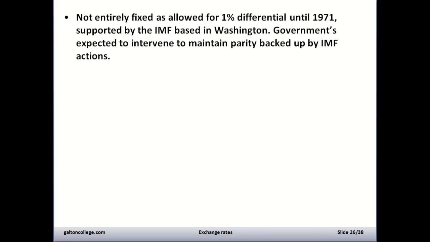If countries could not keep to their arrangement, they could go to the International Monetary Fund, the IMF, and borrow money. But of course the IMF was just like a bank, and it would impose conditions on the loan, which countries would have to agree to. If they didn't agree to it, they wouldn't get the loan. It's like any bank.